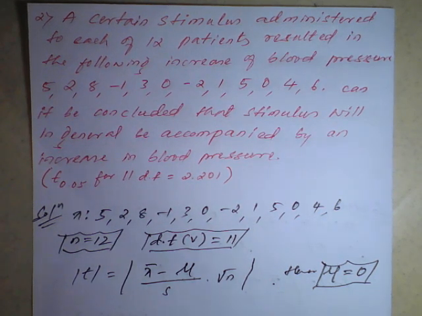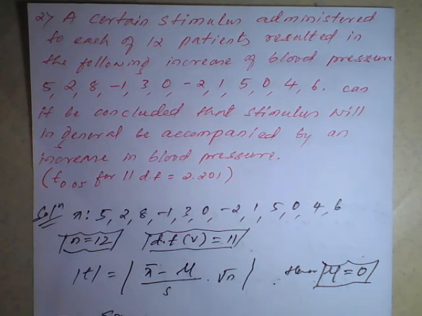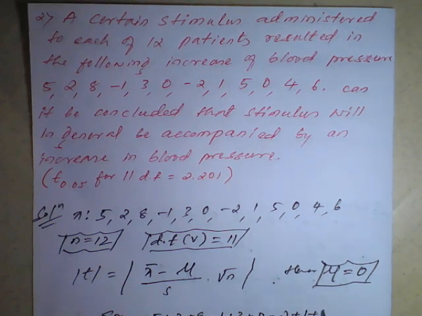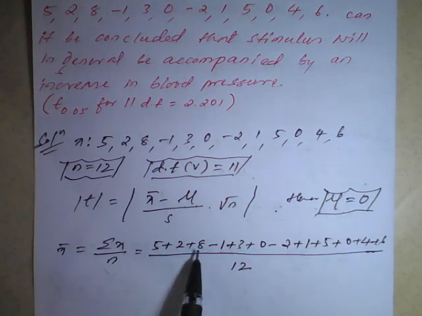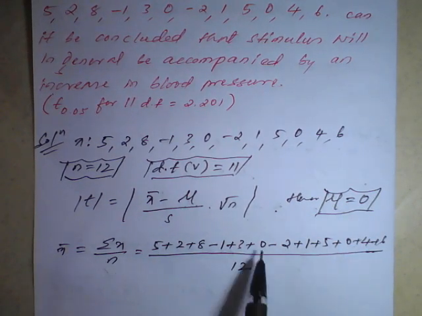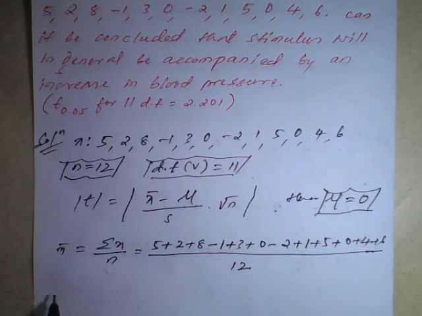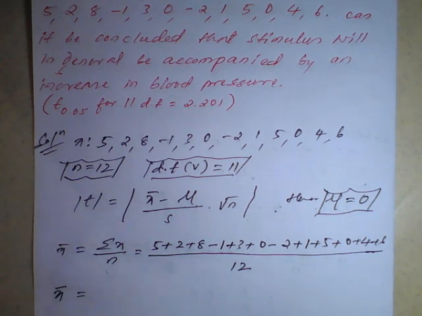So x bar is equal to summation x upon n. Summation x means we need to add all the x values, that is 5 plus 2 plus 8 minus 1 plus 3 plus 0 minus 2 plus 1 plus 5 plus 0 plus 4 plus 6 whole divided by n. N is 12. We need to add all these values, then we need to calculate x bar. So what is the x bar, we'll see now.